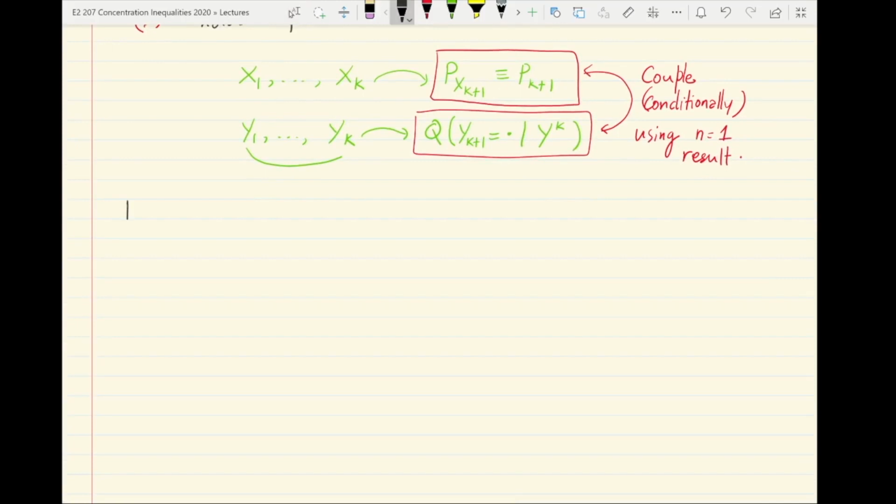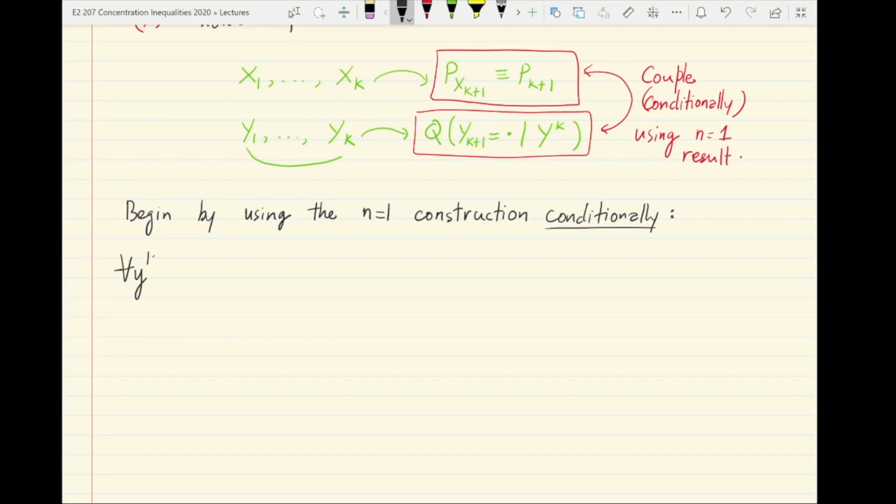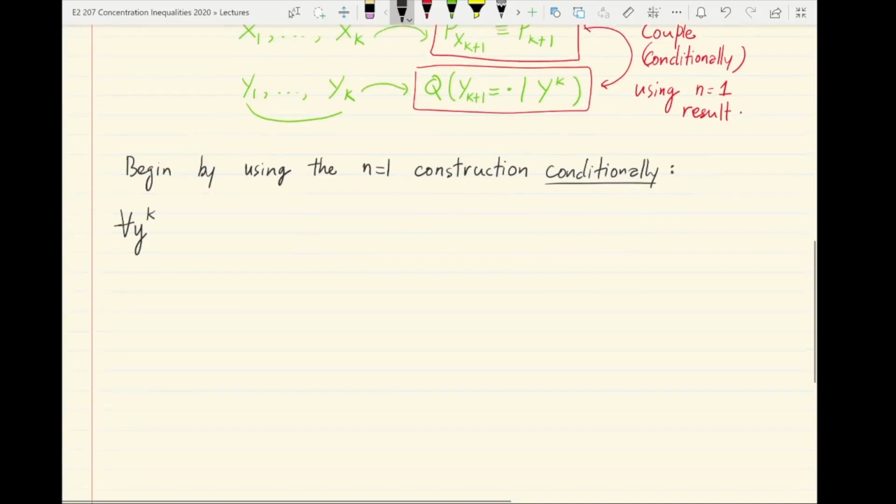Okay, so formally, what we do is we begin by using the n equal to 1 construction conditionally on the previous k, the realization of the y's. So this just means for all realizations y1 through yk.